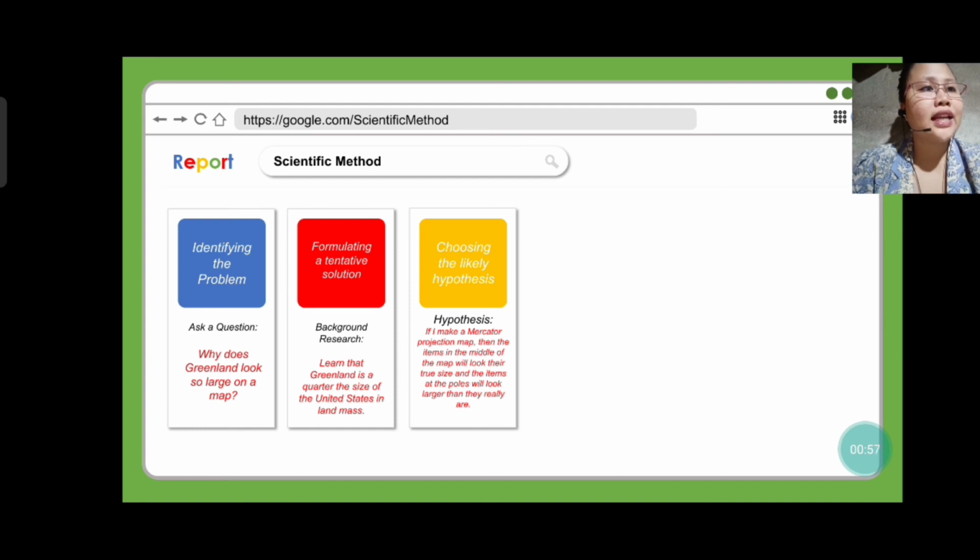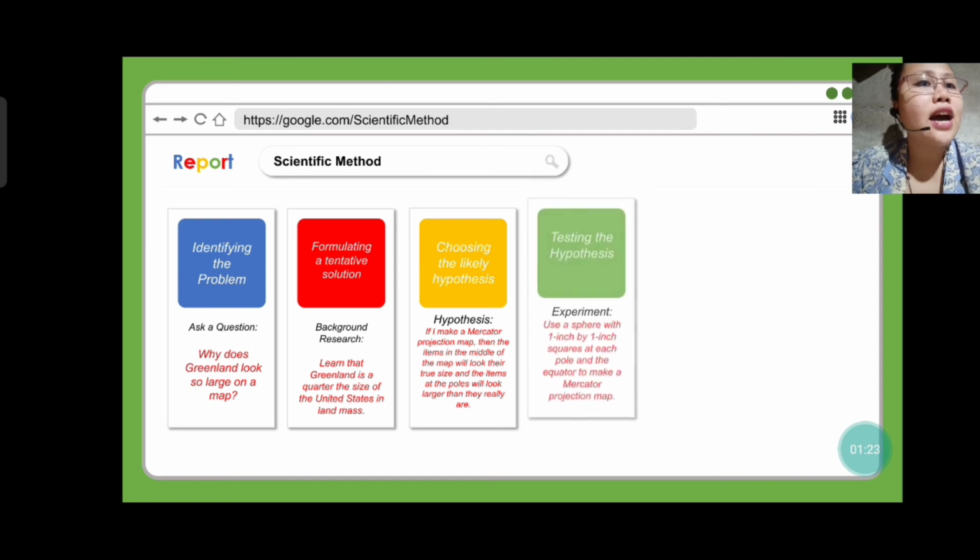And then, after formulating a tentative solution, choosing the likely hypothesis. So, we chose the likely hypothesis. Our hypothesis here is that if we make a Mercator projection map, then the items in the middle of the map will look their true size and the items at the poles will look larger than they really are. The Mercator projection map is katong pa-curve siya, pa-circular.